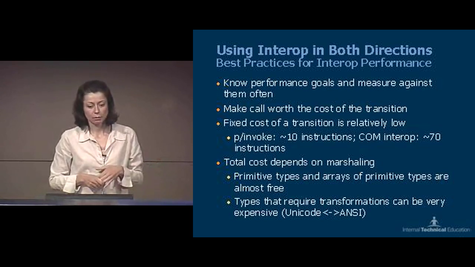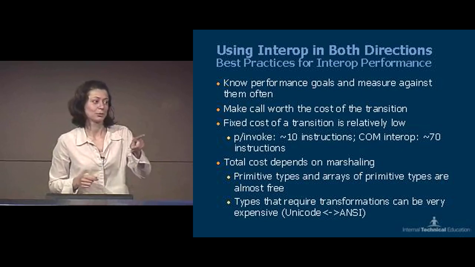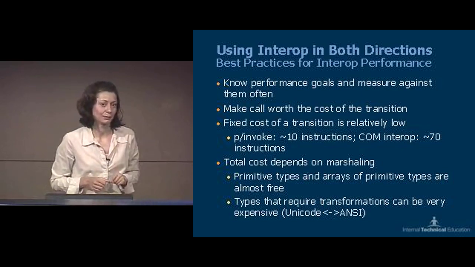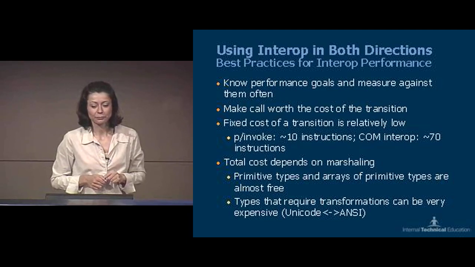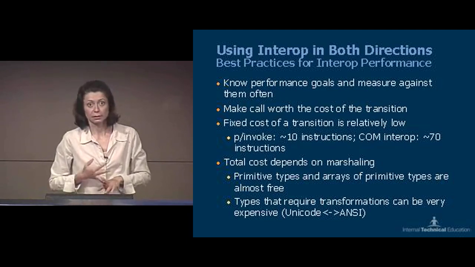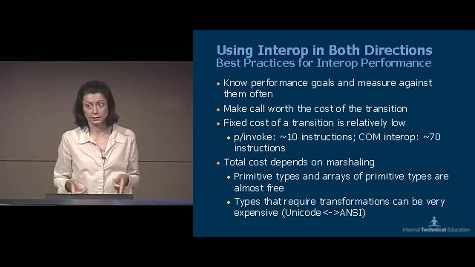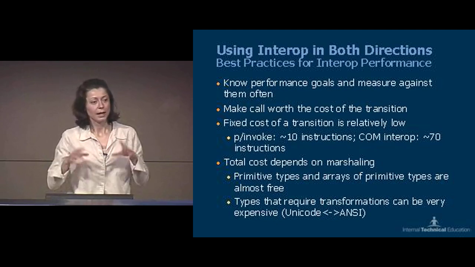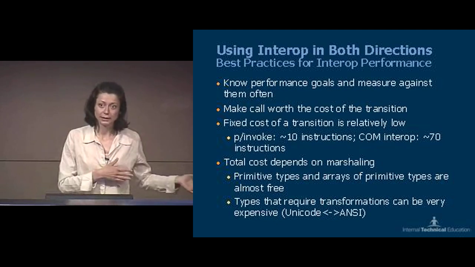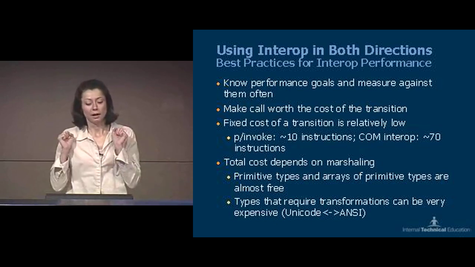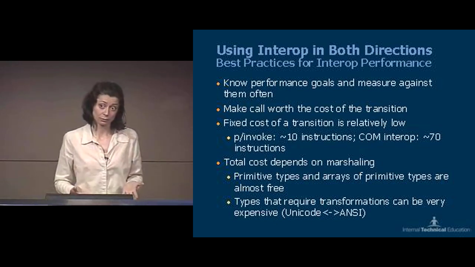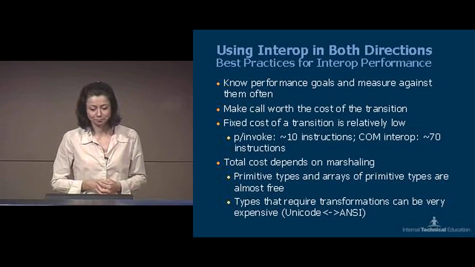Okay, so let's quickly finish with the slides, and we can take questions at the end. For performance, you need to take this into account when you're designing your solutions. If you didn't already hear in the performance lesson, you need to know your performance goals and measure carefully against them.